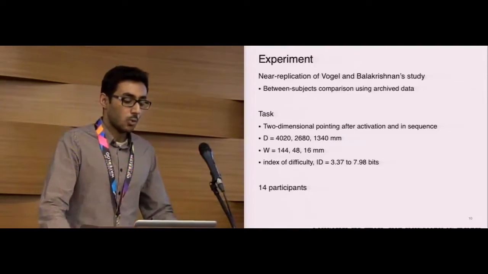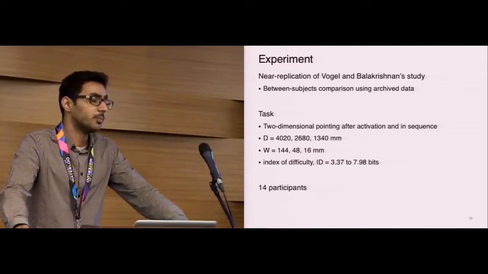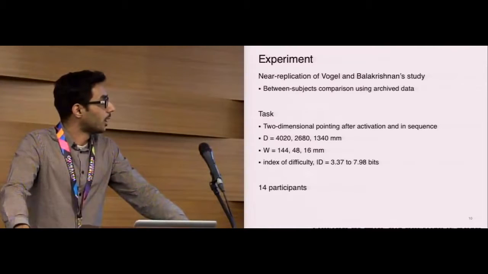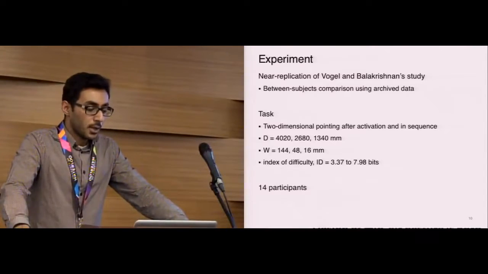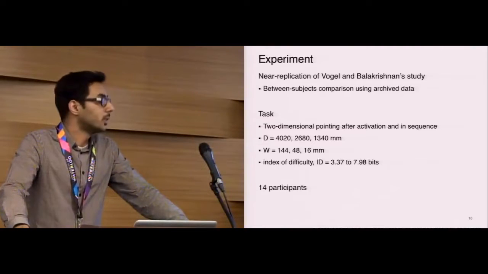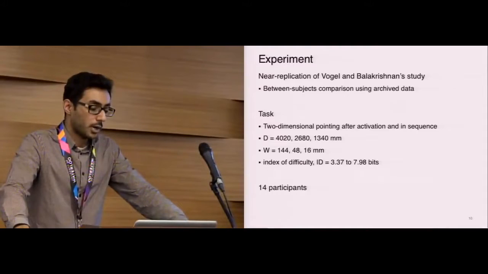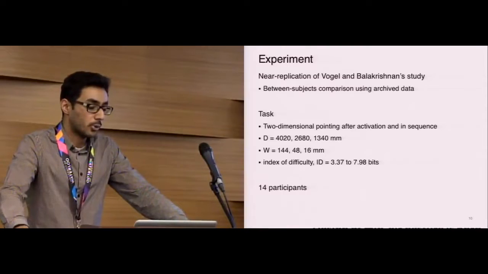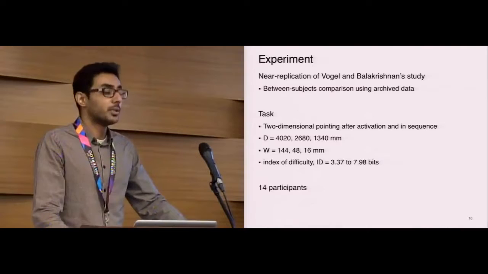So we basically replicated Vogel's study and took the results there as a good upper bound on our performance. So basically it's a 2D pointing task with combined Fitts IDs ranging from 3.37 to 7.98, and there were 14 participants total.